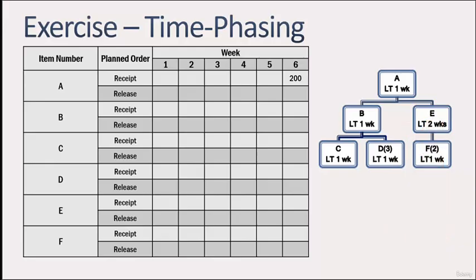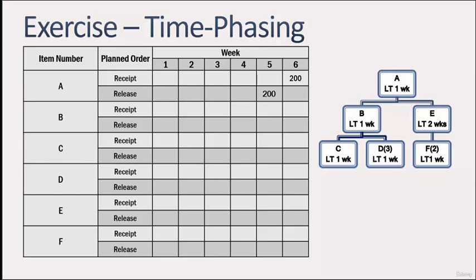Let's review the solution and see how you did. In order to have 200 pieces of item A available in week 6, MRP needs to schedule a receipt of 200 pieces of item A in week 6. Based on its lead time of 1 week, MRP needs to schedule an order release of 200 pieces in week 5.